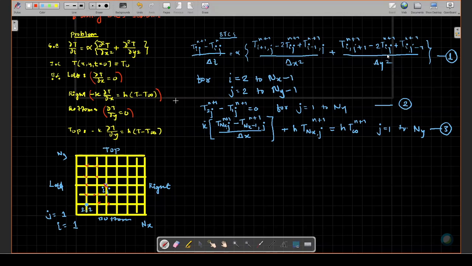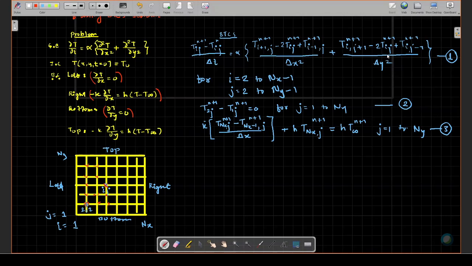Sir, but in the second equation, T_2j and T_1j both are unknowns, right? No, actually what will happen is, once you solve equation number 1, this T_2j is a known value.